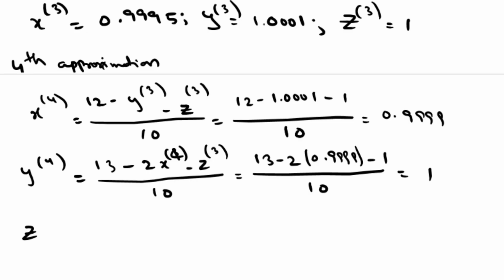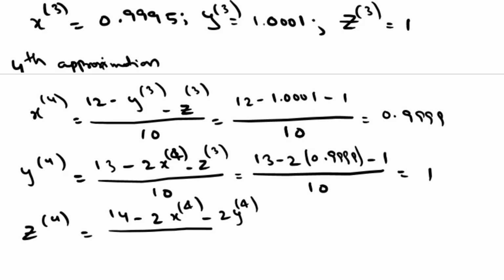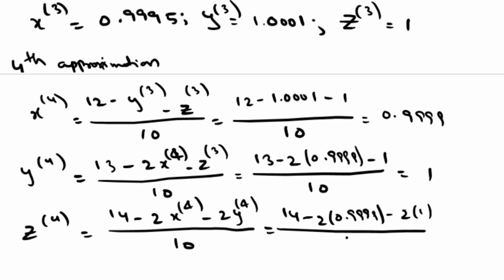Z of the fourth approximation is 14 minus 2 into x of the fourth approximation minus 2 into y of the fourth approximation, divided by 10, equals 1.